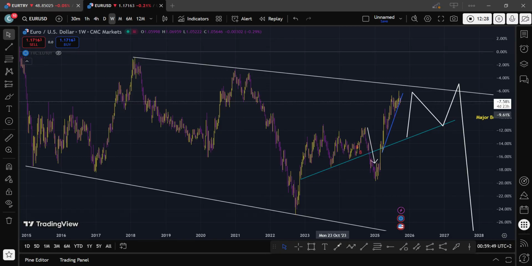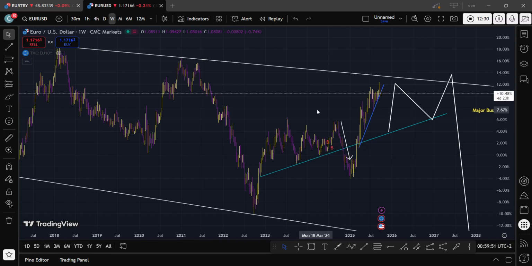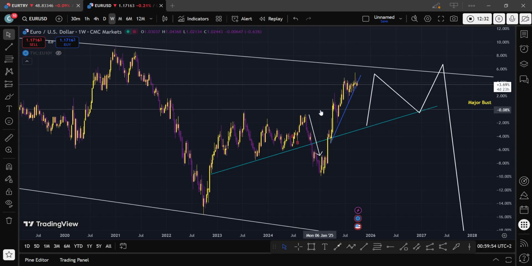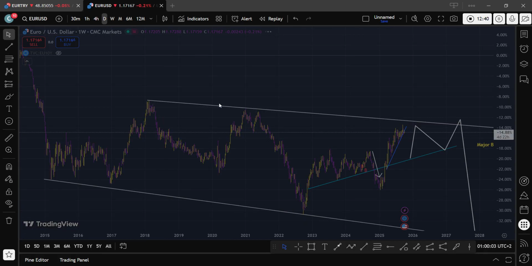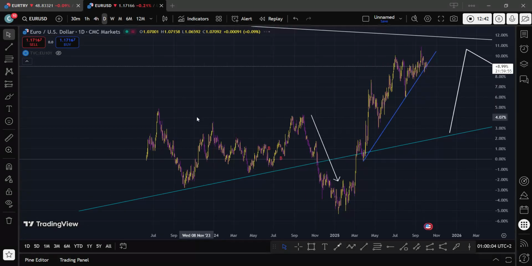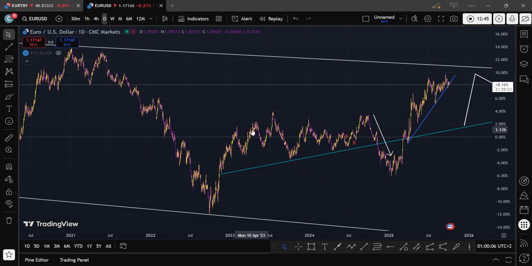Most of the time, when my people are asking me why I'm not trading the Euro USD, there's a high possibility that next year I might take only one trade on Euro USD, just one for the whole year.